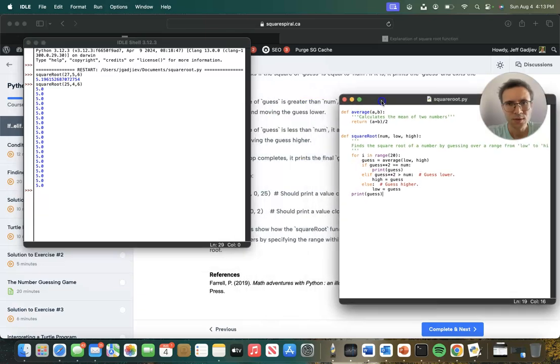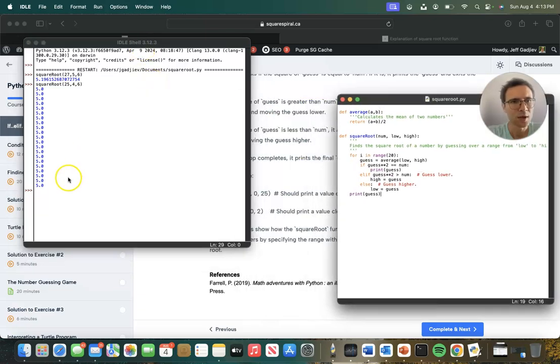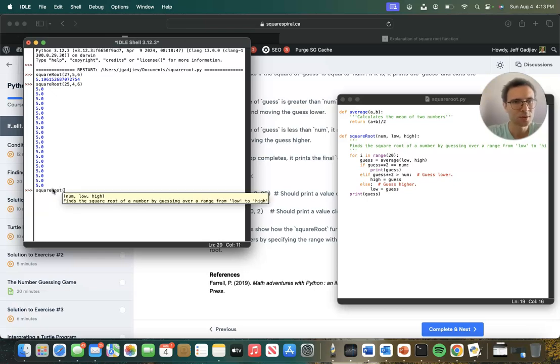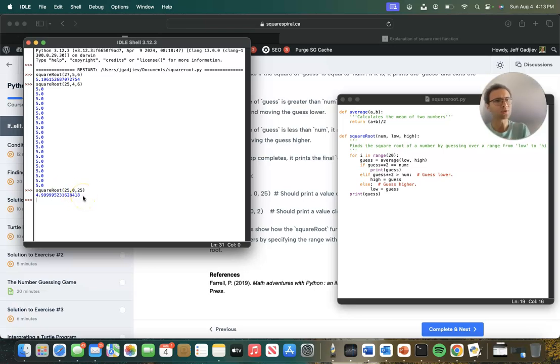Now the examples that are given here are 0 and 25, so that could also work. So let's try this, square root 25, lower bound is 0, upper bound 25, let's see. Okay, so this almost returns 5, or close to 5.